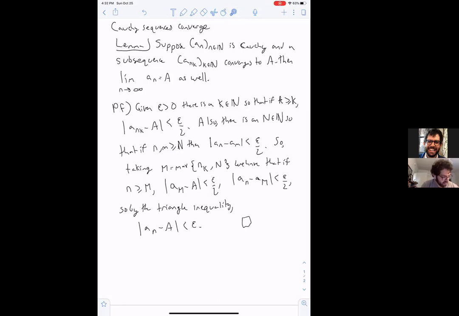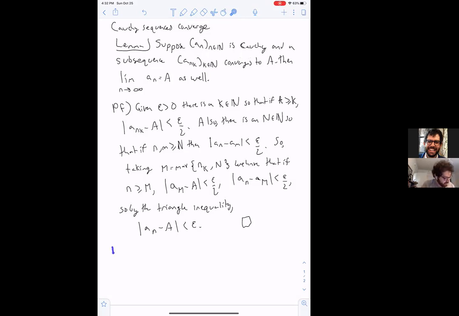I'm just adding, that plus that gives me a sub n minus A. So I proved that given any epsilon, there is some capital N, such that if I take all little n's bigger than or equal to capital N, the difference between a sub n and A is less than epsilon. So I've exactly proven that if my sequence is Cauchy and it has a convergent subsequence, the sequence converges to that also. Fantastic.